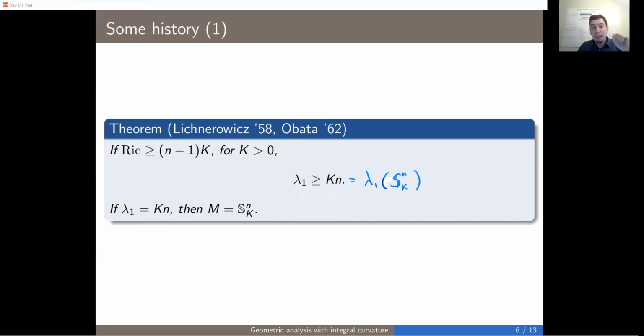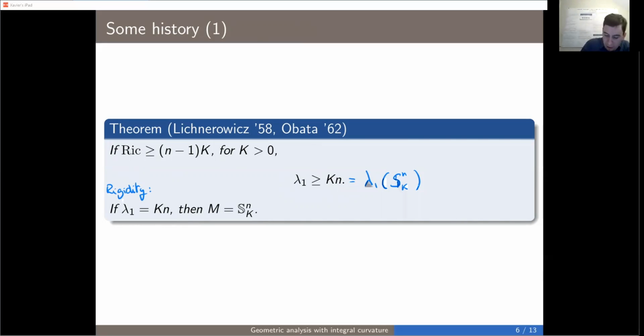Not only that, but Obata later proved what's called a rigidity result, which means that if equality is achieved, if lambda 1 is equal to kn, then your manifold is isometric to a sphere.